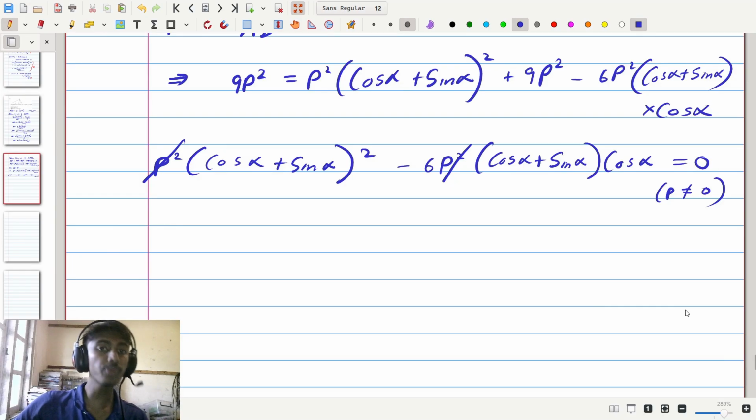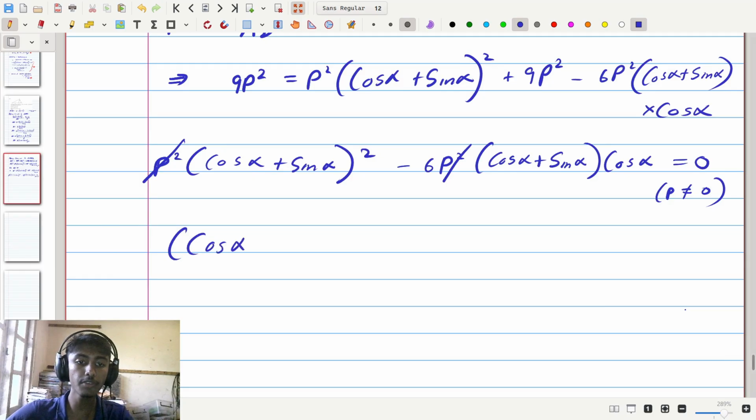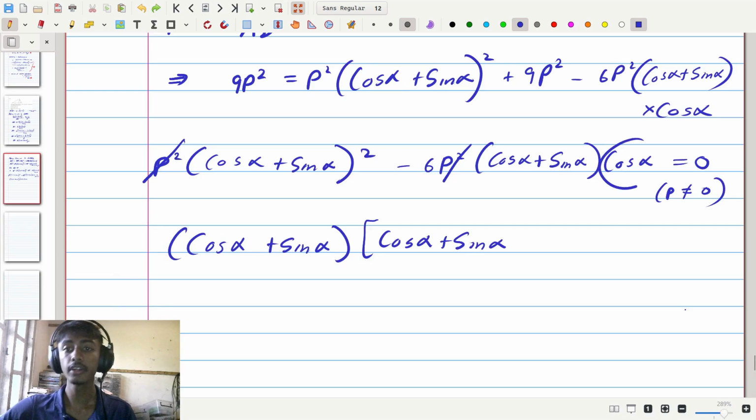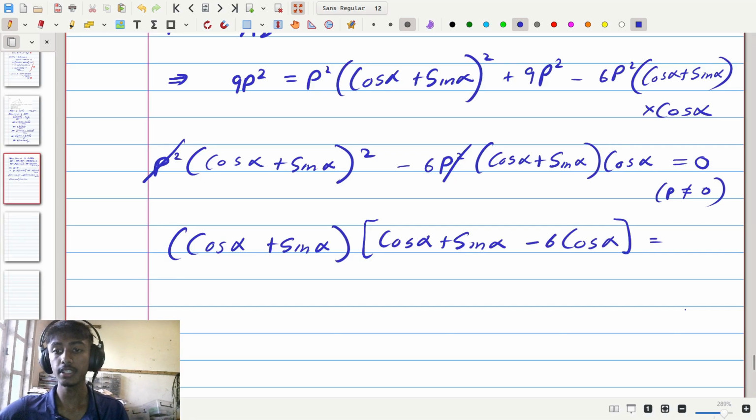Now in both of these, we can see we have cosine of alpha plus sine of alpha, which we can factorize out. If we factor it out, we are left with cosine of alpha plus sine of alpha times, and factoring out everything else, we have a factor of cosine of alpha plus sine of alpha, but then we have minus 6 cosine of alpha equals 0.